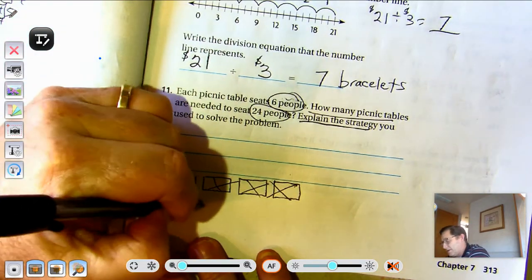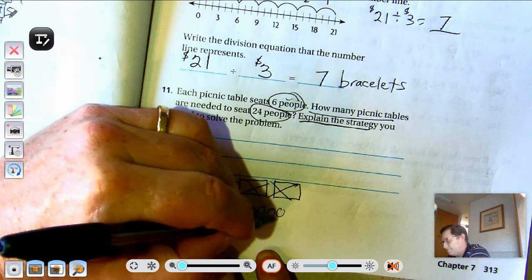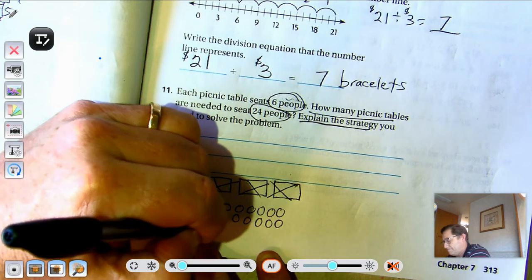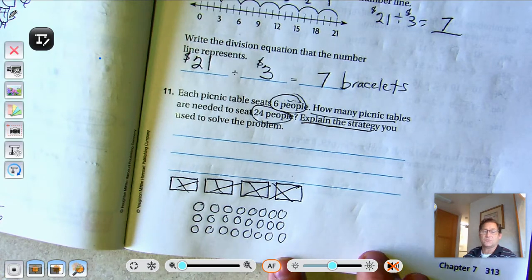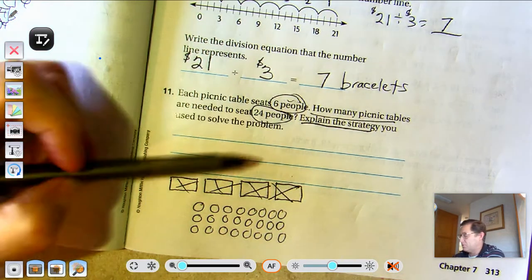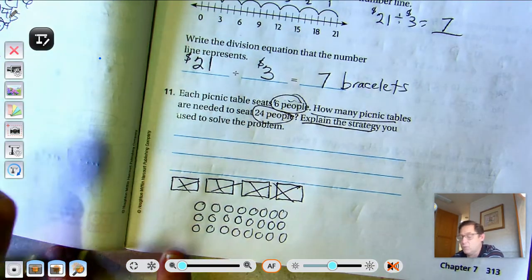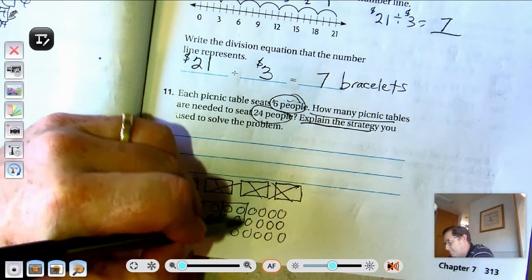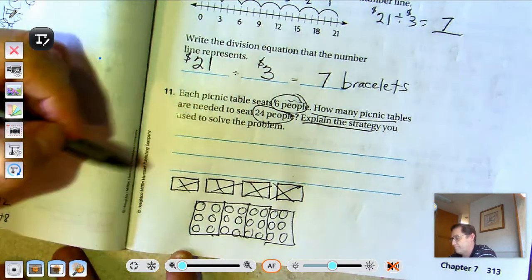So I'm actually going to make 24 counters, and I need to put them in groups of 6. Every group of 6 will be one table. So 1, 2, 3, 4.